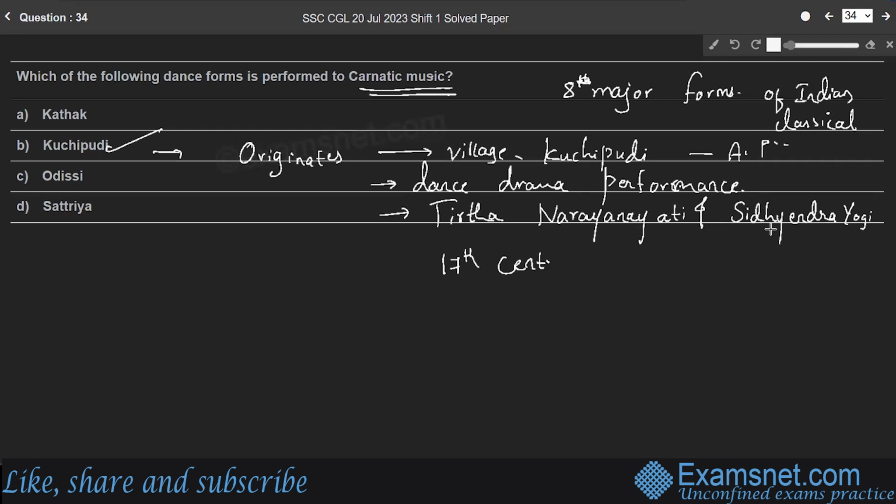So the dance form performed to Carnatic music is Kuchipudi. Option B is the right answer.